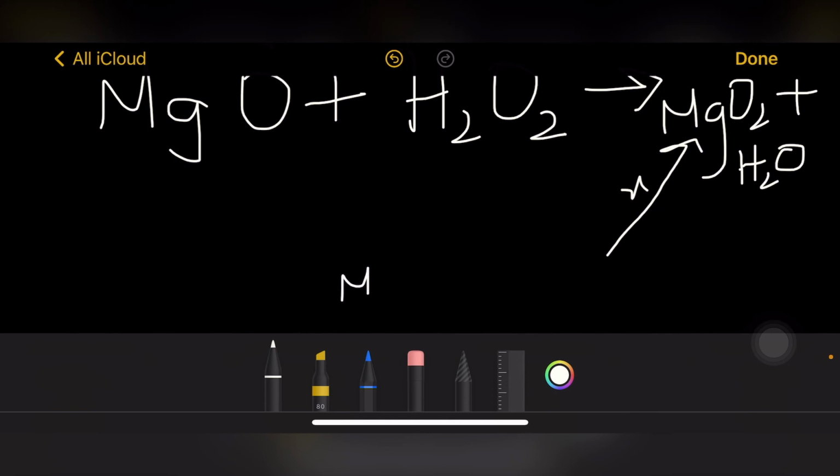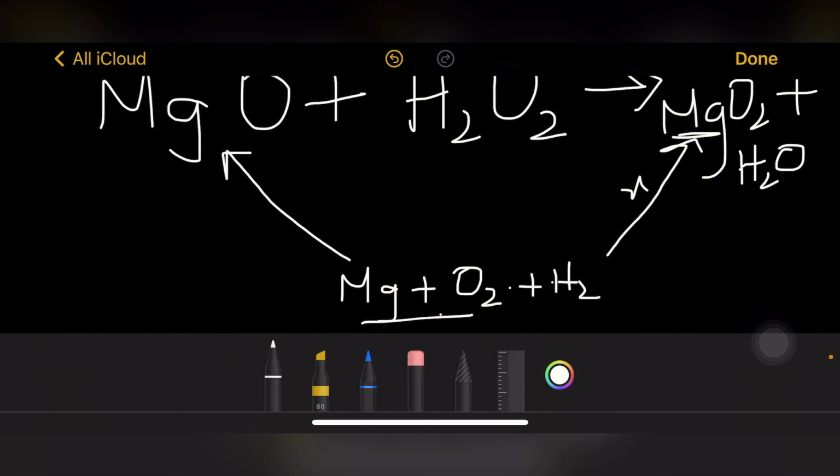So basically let's write the elements over here from which they are formed. So MgO2, Mg plus O2 plus H2. So from Mg and O2, MgO2 is formed, and from Mg plus O2, MgO is formed with half O2, but we are not going to balance it, just writing the elements. From O2 plus H2, H2O2 is formed, and this is written as it is.